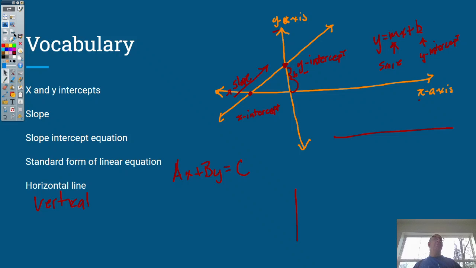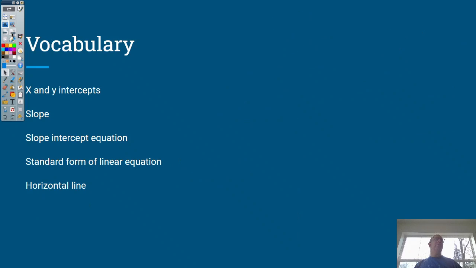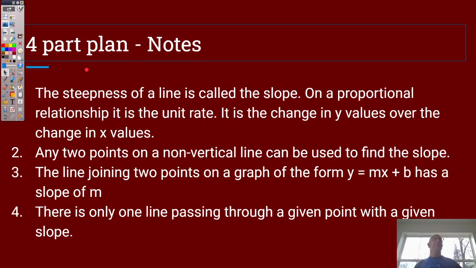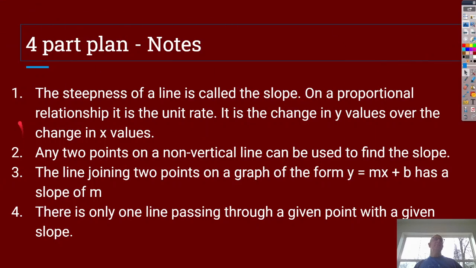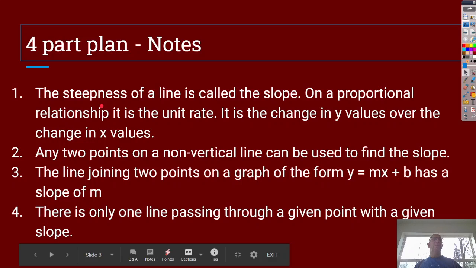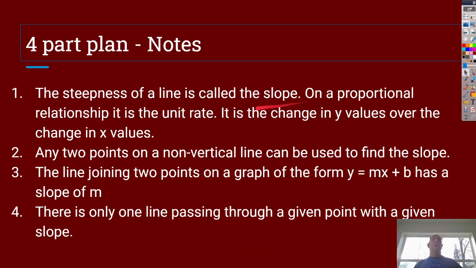That's our vocabulary, at least the important stuff that I think you'll need to know for the next 10 lessons. Here is the overview of what we're going to learn in the next 10 lessons. 4 big things, so take a moment and write these down. The steepness of a line is the slope. On a proportional relationship, it's also the unit rate. But in general, it's the change in the y values over the change in the x values.